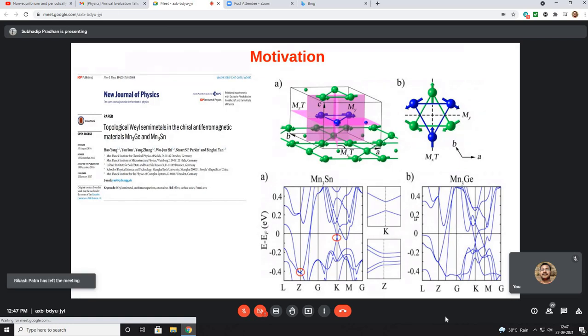These two compounds have a similar band structure, and they see that at the J point, at the K point, there may be a touching, but that's not a Weyl node type of touching, because when they zoomed in, they see that at this J point there is a slight energy gap, and those bands are also doubly degenerate. So that cannot be a Weyl point.